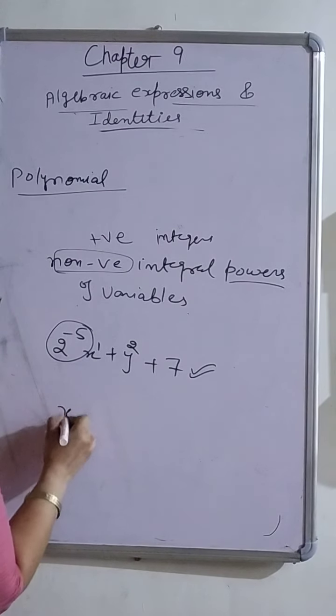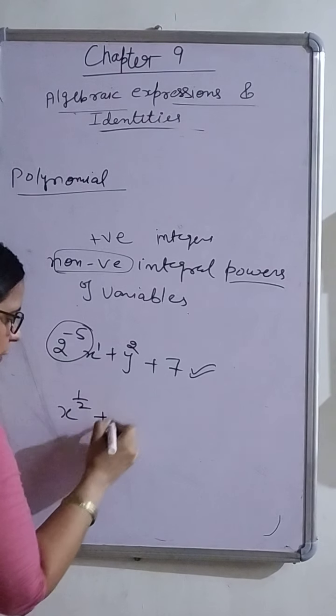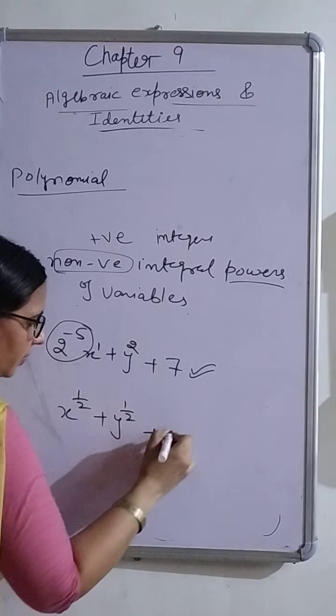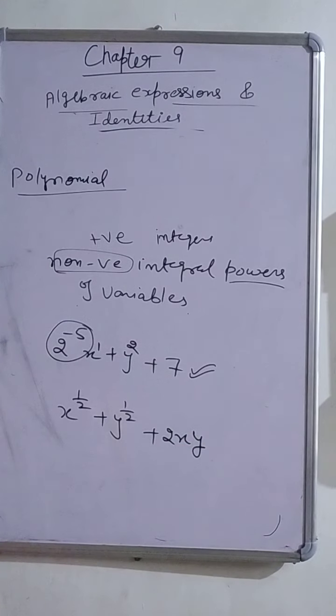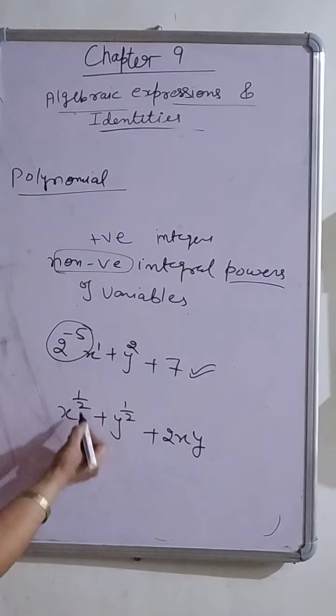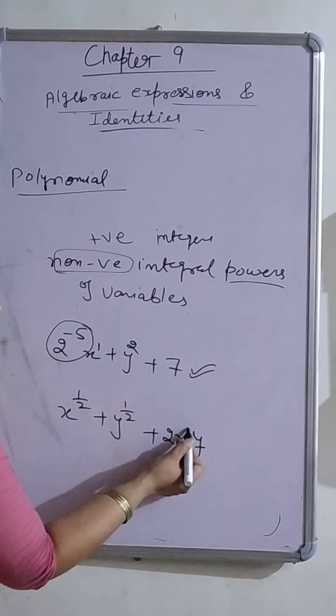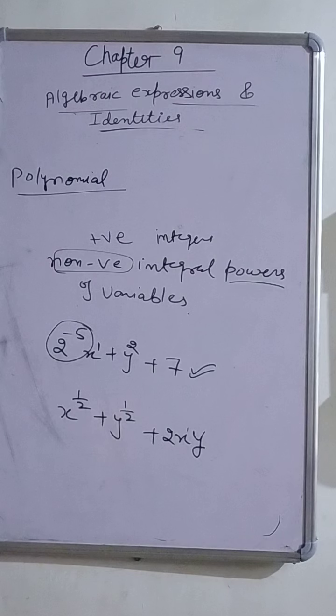One more example, x raised to power 1 by 2 plus y raised to power 1 by 2 plus 2xy. Is it a polynomial? Now you will say yes ma'am, because powers are positive. This 1 by 2 is positive, this is also positive, and these powers are also positive. No. See, positive integers, 1 by 2 is not an integer. Clear?